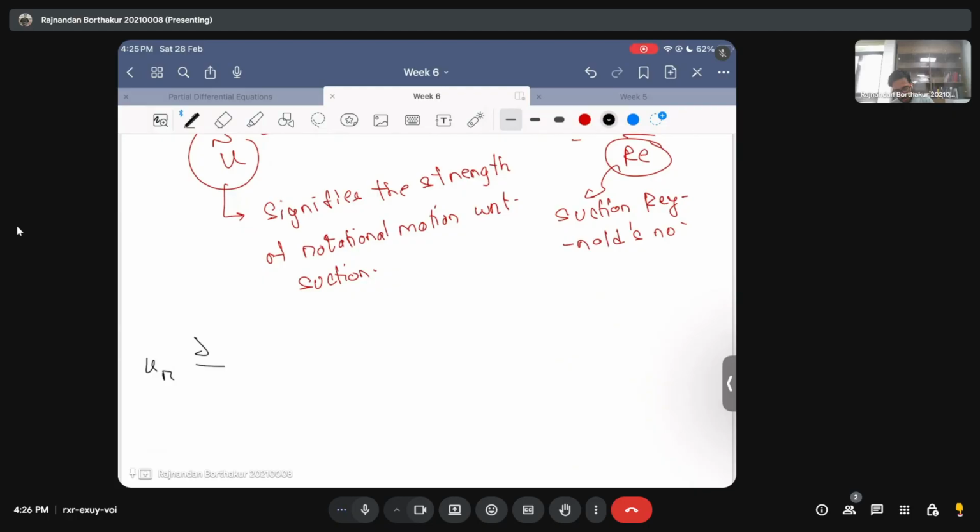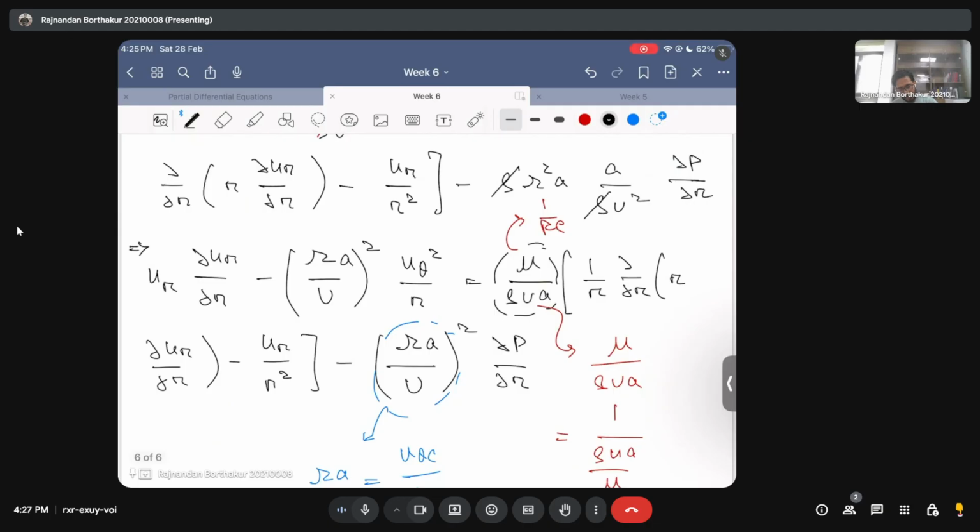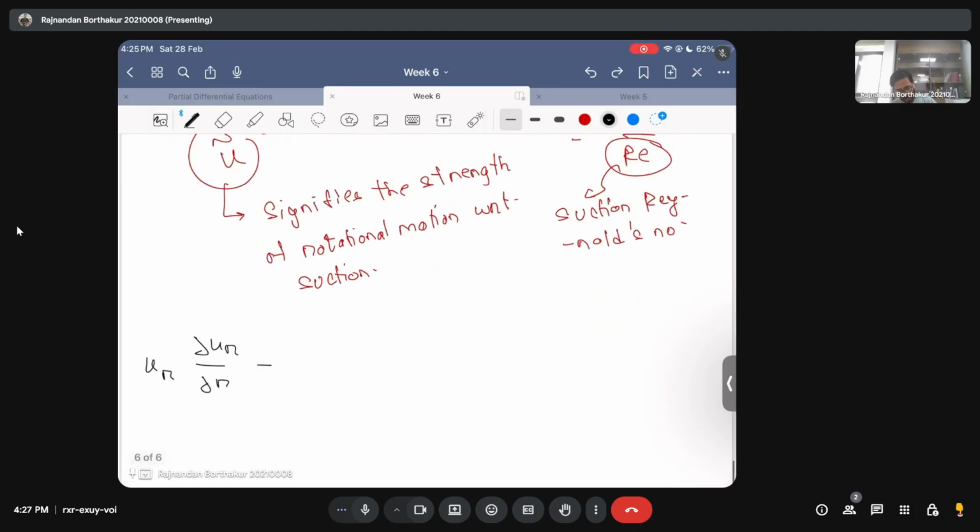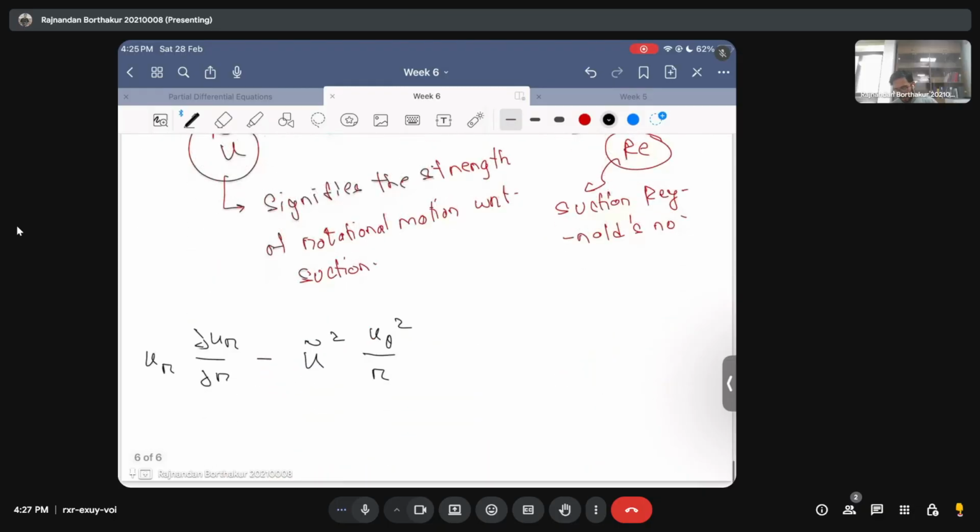Okay, so then if I write down the entire non-dimensional equation once again, I will have u_r del u_r by del r. Okay, the first term is fine. This quantity is just going to give me U tilde squared times u theta squared by r.